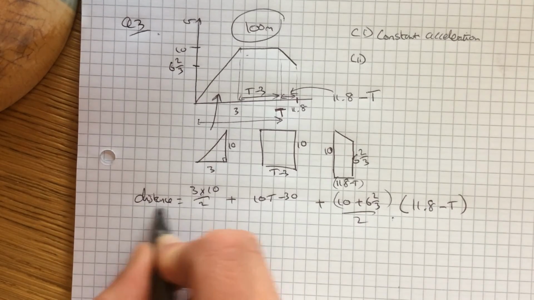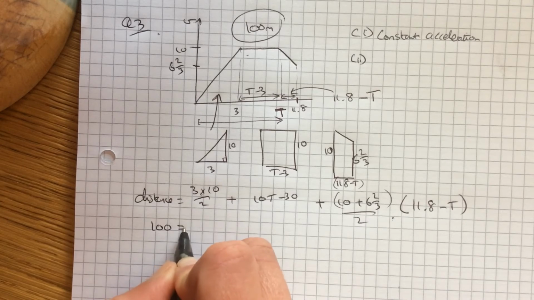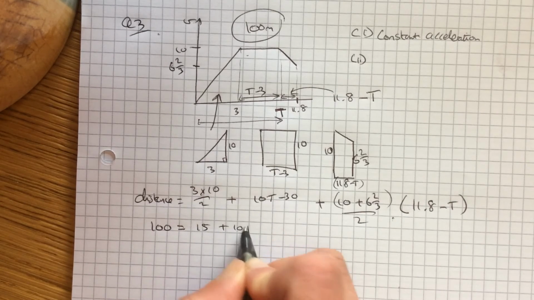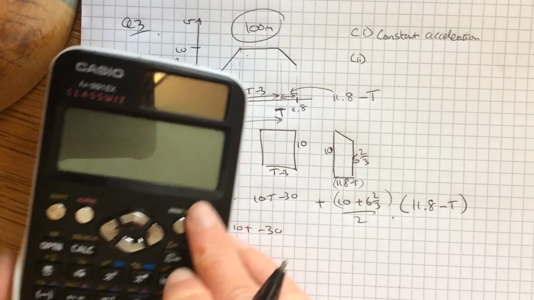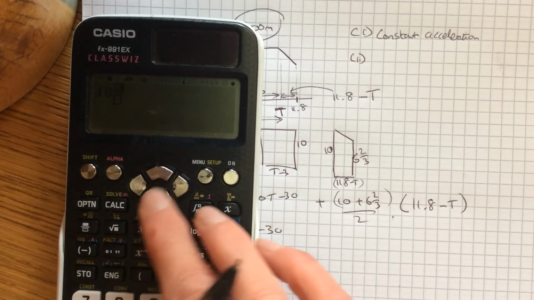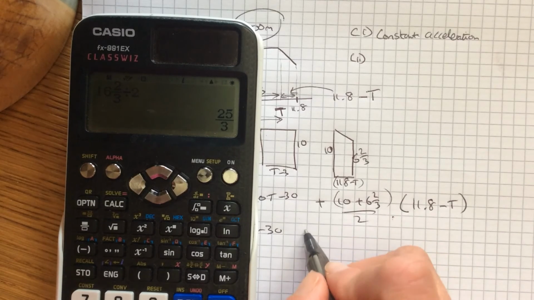So tidying this all up, you know that the total is 100. So 100 equals 15 plus 10t minus 30. Now working out that bracket, it's 16 2/3 for the top line, so 16 2/3 divided by 2 is 25 over 3.